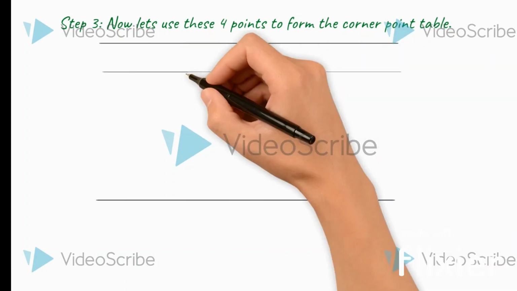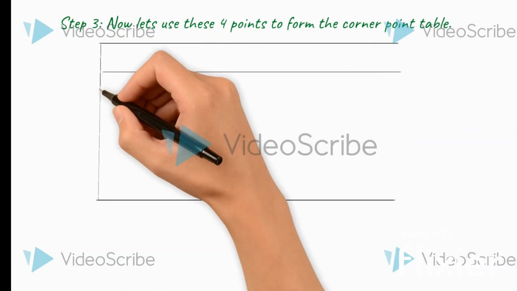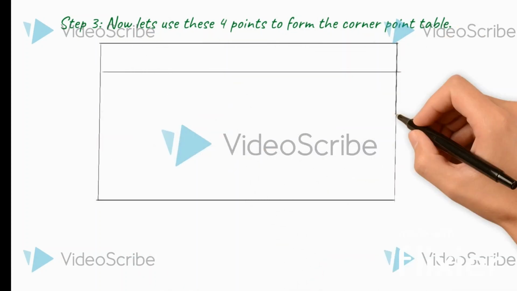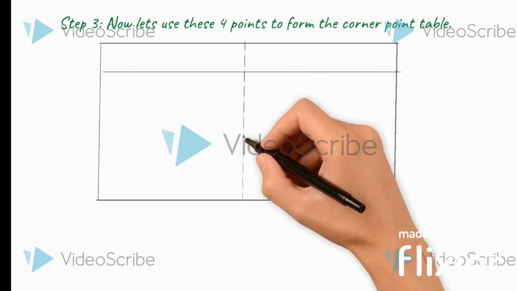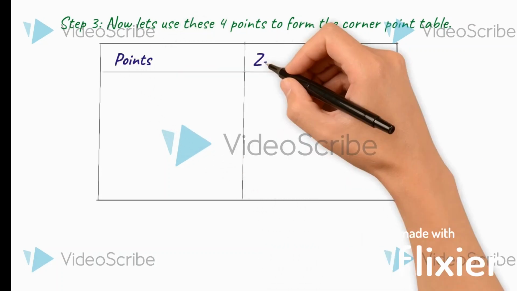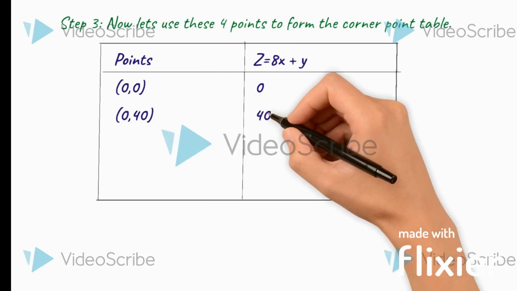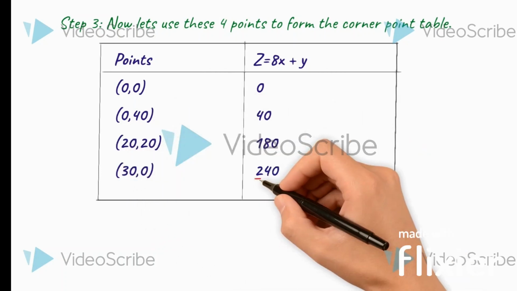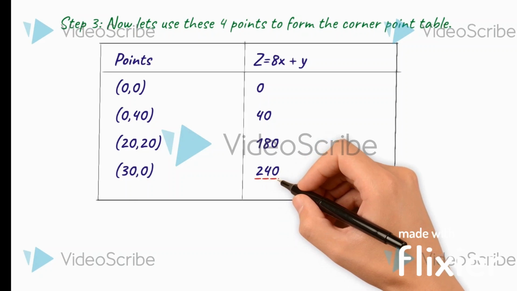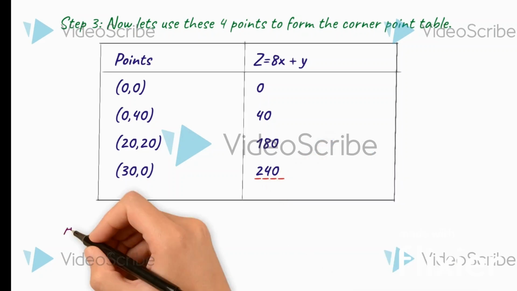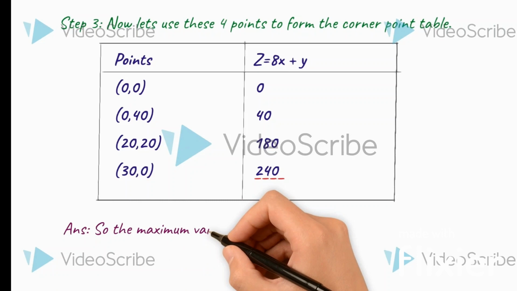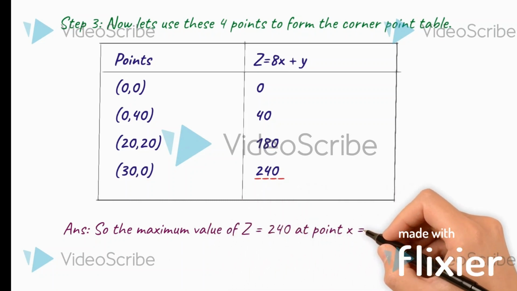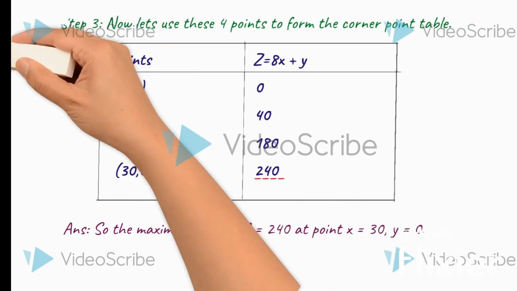Always remember that when you try to substitute the values in the objective function, you need to remember if the question asks you to minimize or maximize. So here when we substitute, we're getting 0, 40, 180, and 240 for the 4 points. This is a maximization problem. The maximum of these four values is 240. This means that at the point 30, comma 0, we obtain the maximum value of 240.